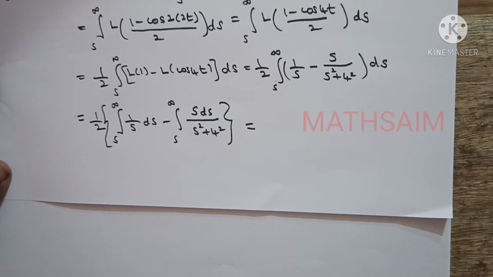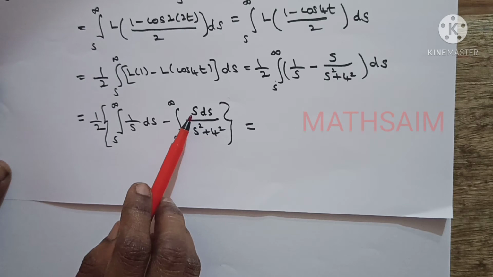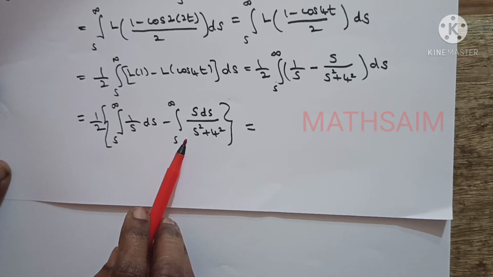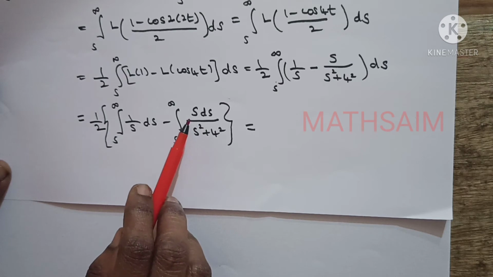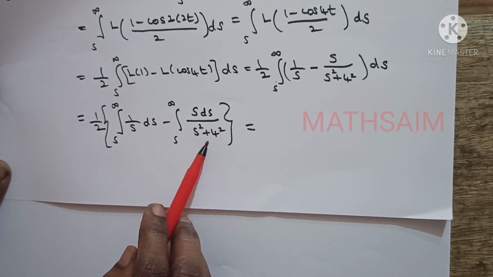But for the second one, we are having s in the numerator, so definitely we need to go with the formula: integration of f dash of x into dx by f of x. If you differentiate the denominator and get the numerator, you can write it as log of the denominator. That is the formula.